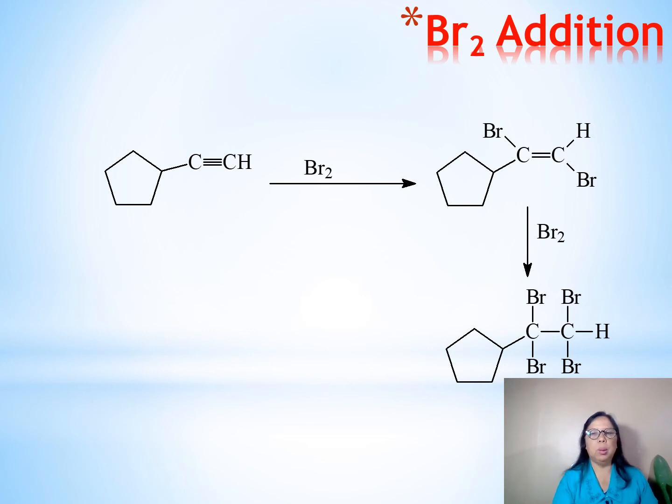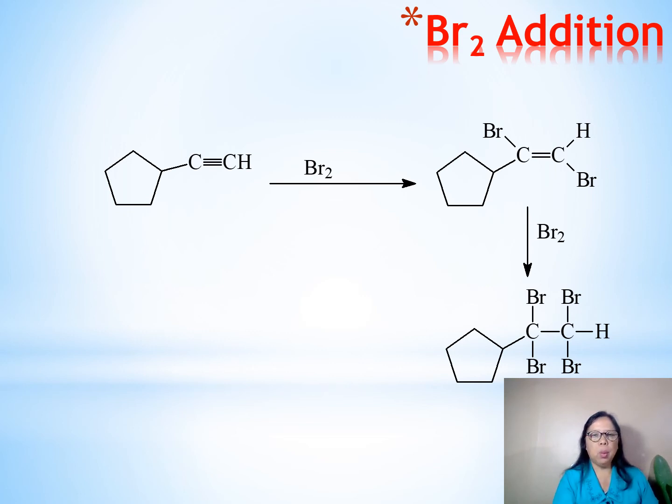The double bond will become single bond if this one bond will be attacked by one Br, and one carbon will be attacked also by one Br. So you have here the Br, the Br here, and the Br here. Of course, the hydrogen will always be there.